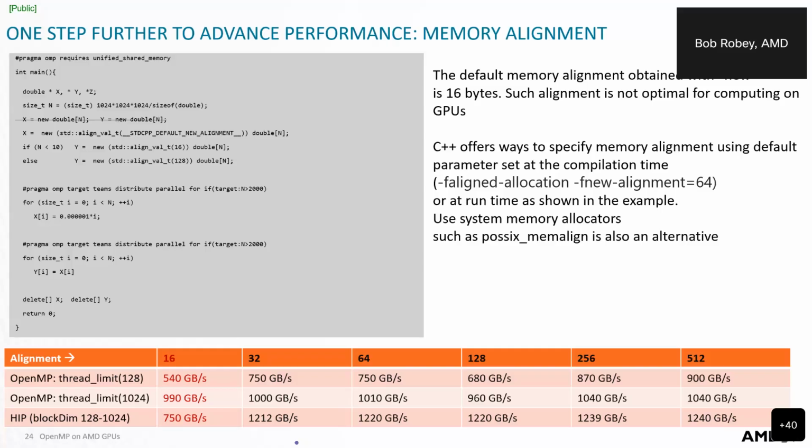You may find a little bit better performance if you use memory alignment. It's different with each compiler and with Fortran and C, but it can be worth the effort to get 64 byte alignment instead of 16. Next slide.